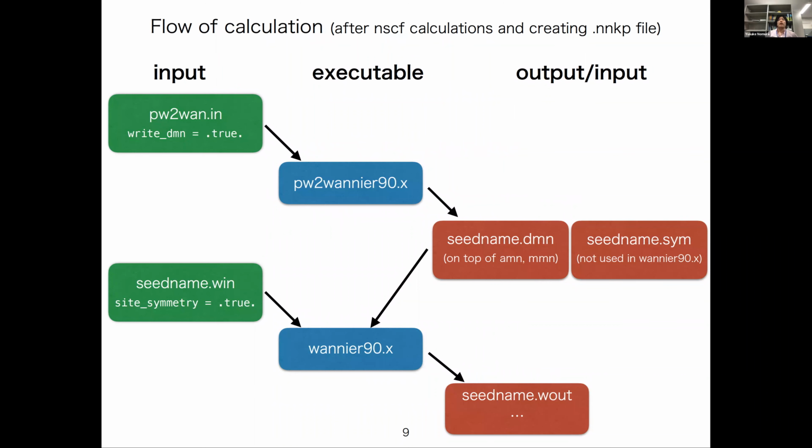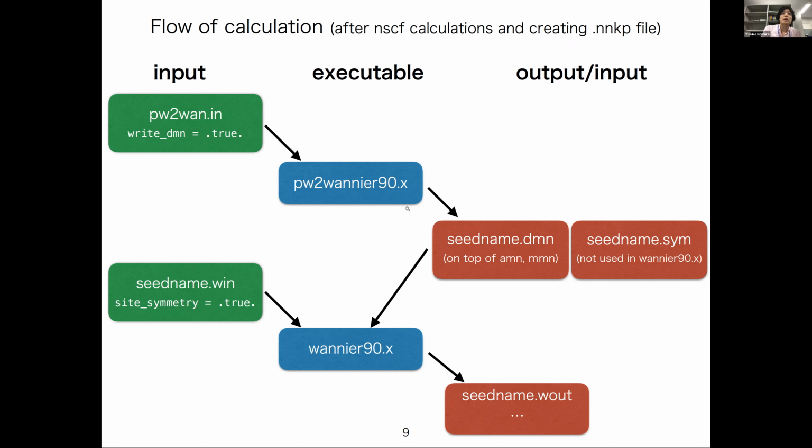So this is the flow of the calculation of the symmetry adapted mode. We assume that, in the Quantum ESPRESSO case, we have already performed the NSCF calculations and also created the .nnkp file by the pre-processing of Wannier90.